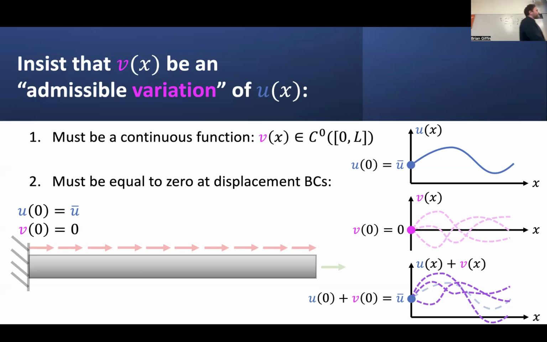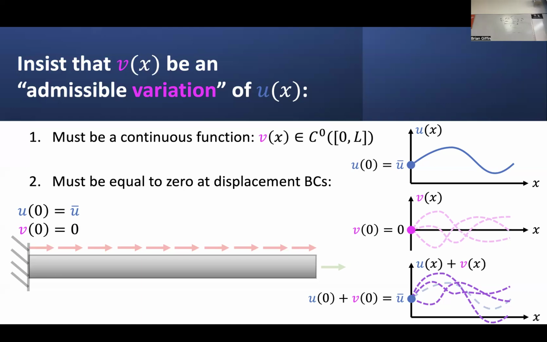Also, if we took some arbitrarily chosen virtual displacement field and added it to the original chosen displacement field itself, we should get back a displacement field that still satisfies this boundary condition.